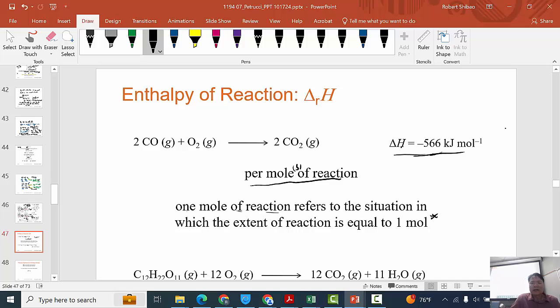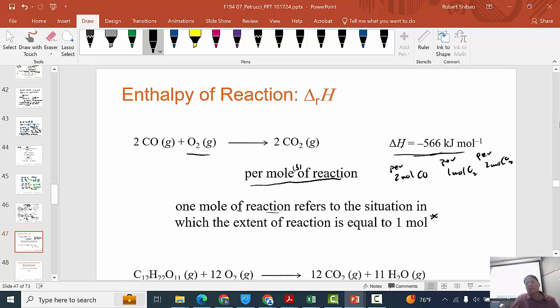And so if this is delta H, this is delta H per 2 moles of carbon monoxide. So it's not 1 mole, it's 2 moles of carbon monoxide reacting with 1 mole of oxygen. And in this case, it would be per 1 mole of oxygen, per 2 moles of CO2.